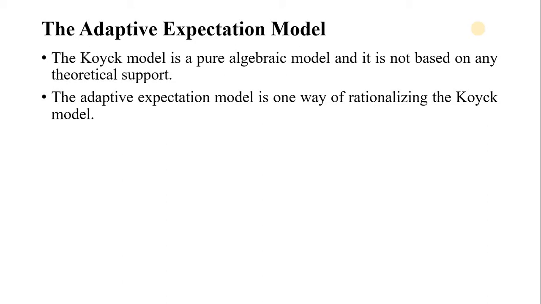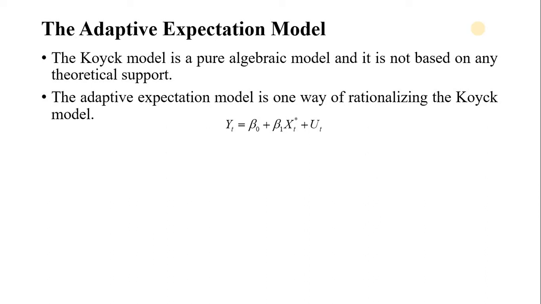So the adaptive expectation model is one way of rationalizing the Koyck model with theoretical support. It is not a different method, but a method that will rationalize the Koyck model. For explaining this model, let me take an example.